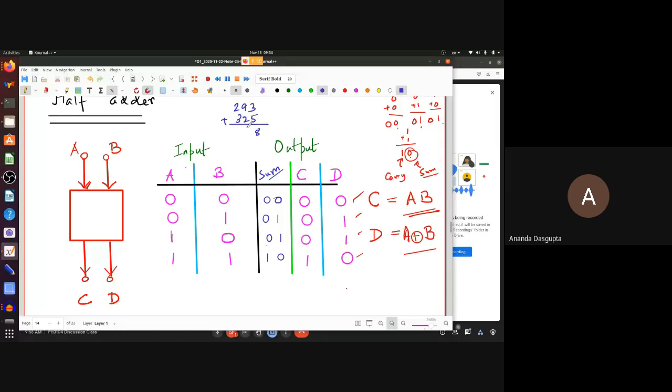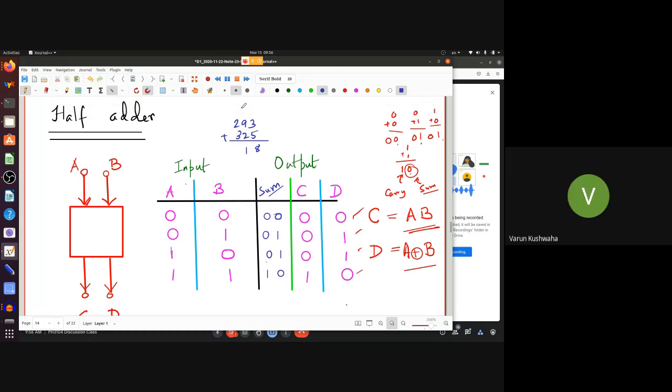Is everybody asleep? When you add these, are you adding 2 digits or not? Yes, sir, we are adding. Yeah, but are you going to add only 2 digits? No, sir, we will also add the carry.